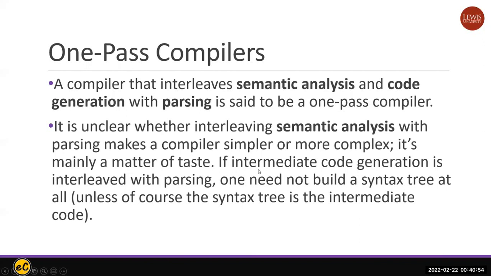If intermediate code generation is interleaved with parsing, one need not build a syntax tree at all. You don't need to build a syntax tree. You can directly do evaluation. So those are some types of simple language, such as a calculator language. You do not need to build a syntax tree. You use a regular expression and evaluate through the rules and you can get a result.